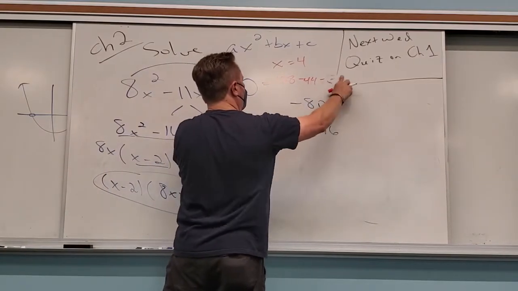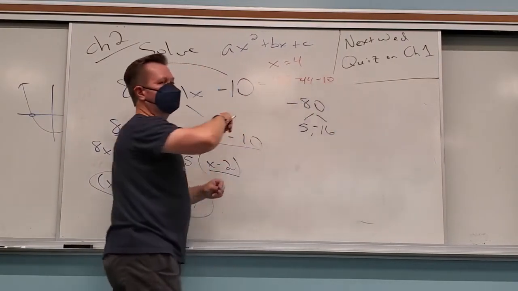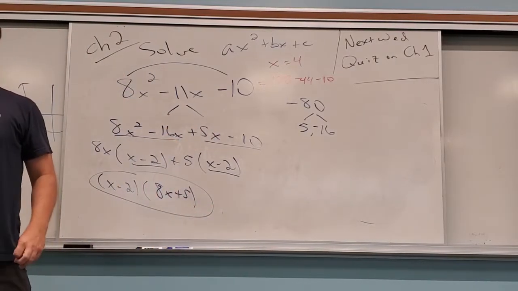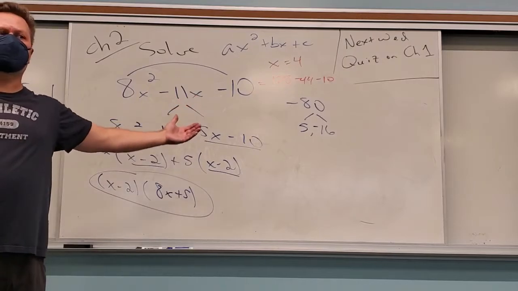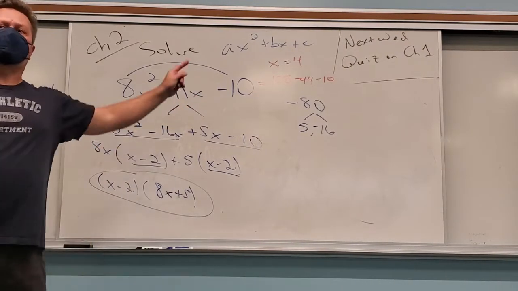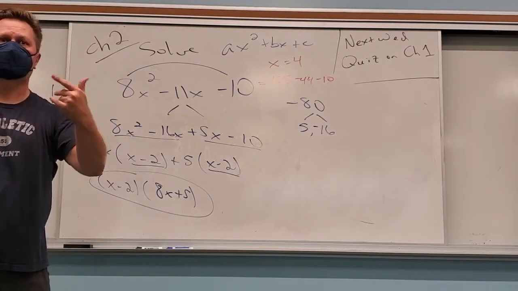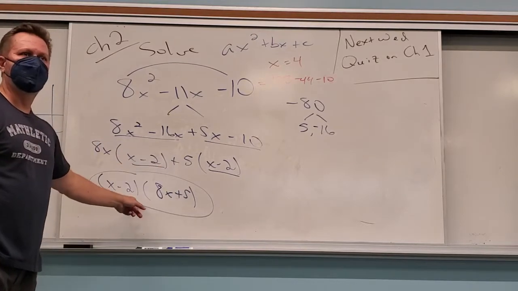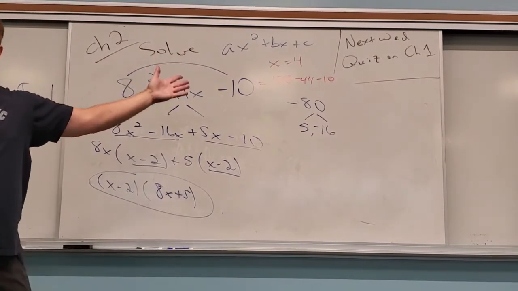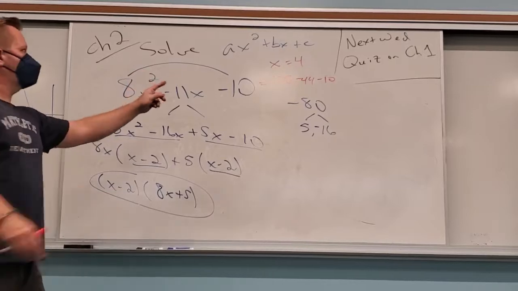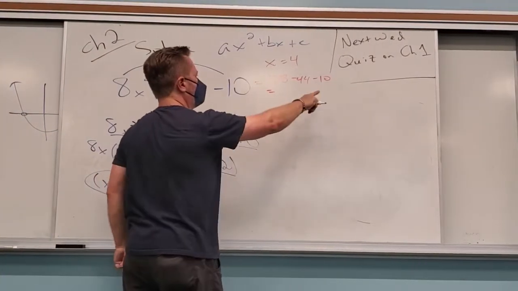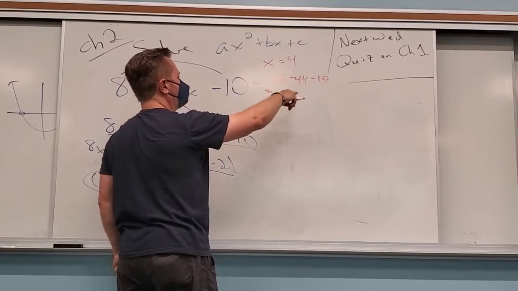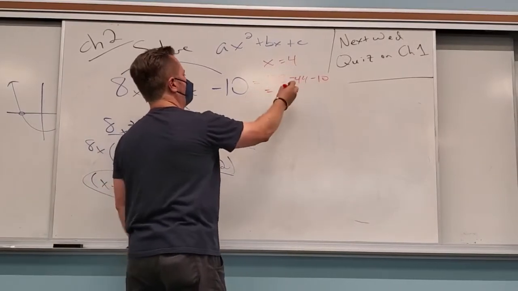Now, for those of you out there silently thinking to yourself, where did 4 come from? I made it up. I can let x be whatever I want it to be. Do you have to do that for the problem? No. We're done. We're just doing extra stuff just because. So if x is 4, this number is whatever that is. I don't know. What is that? 74? Thank you.